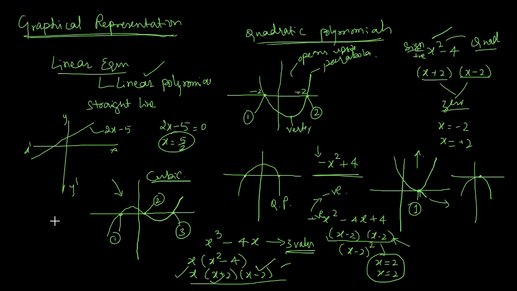So similarly, if I go with biquadratic, it will have 4 values. So the main thing to understand from this is the type of graph, how to recognize it, and I've also explained with a few examples how to recognize certain graphs.